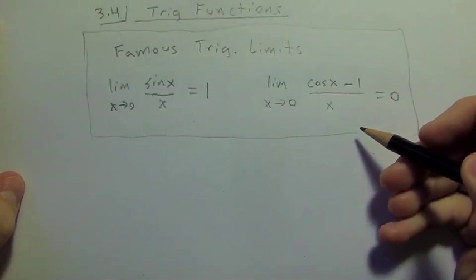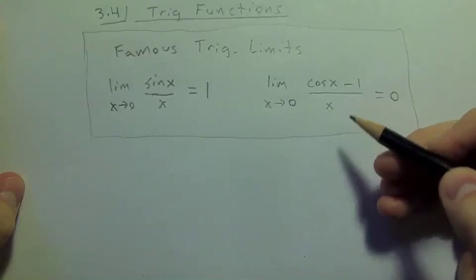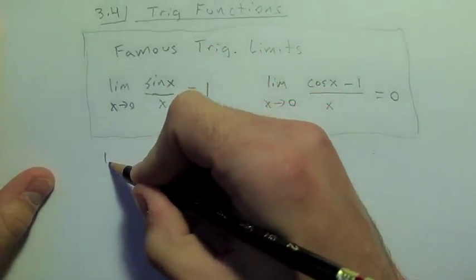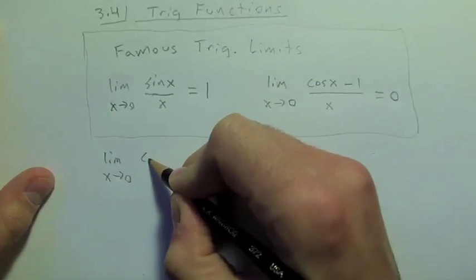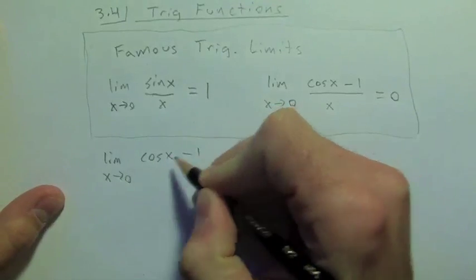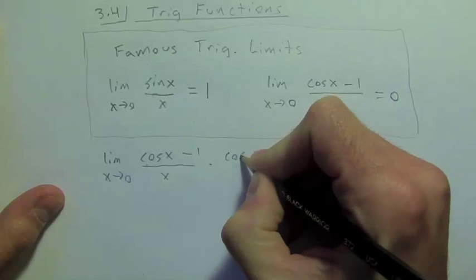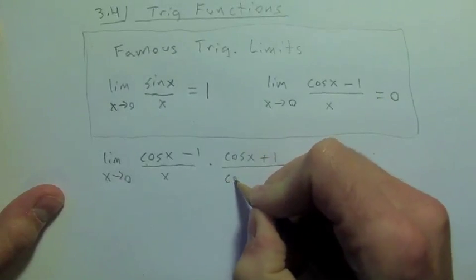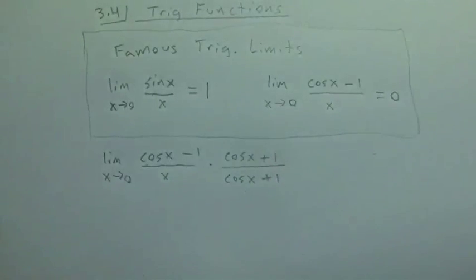Those are the strategies we have so far. And actually we use a conjugating factor for this one. I'll have the limit as x goes to 0 of cosine x minus 1 over x. And I'm going to multiply by cosine x plus 1 on the top and on the bottom. Okay. Use that conjugating factor.